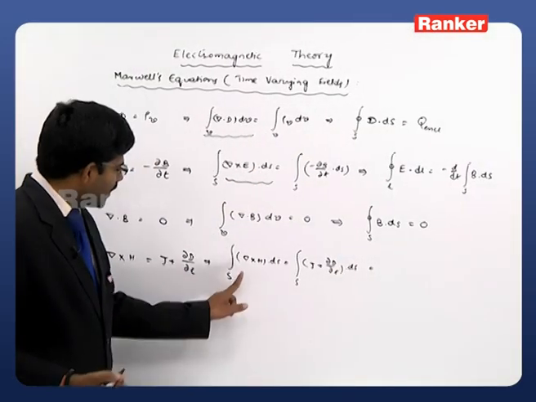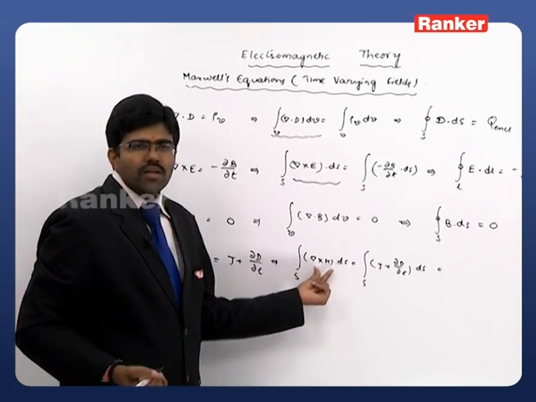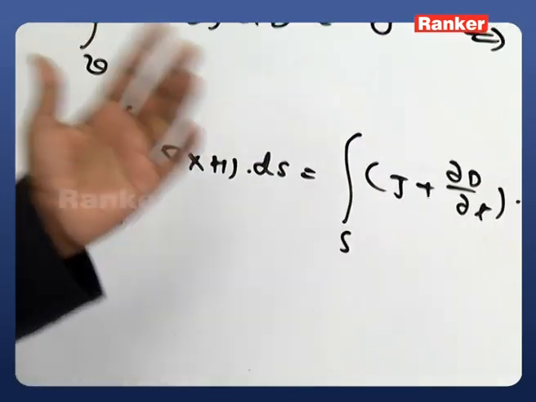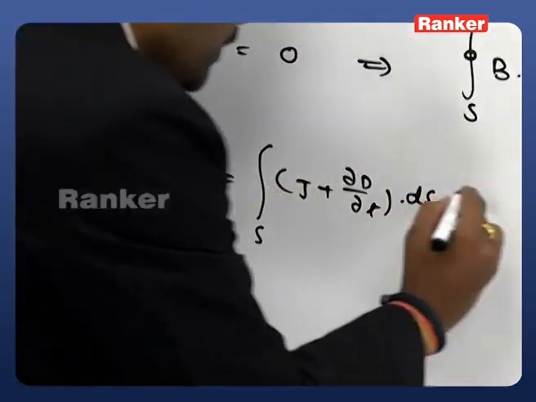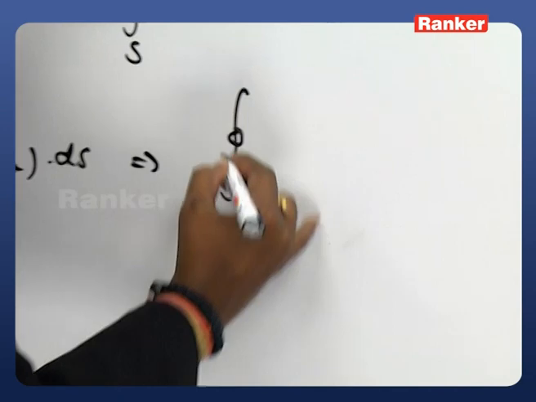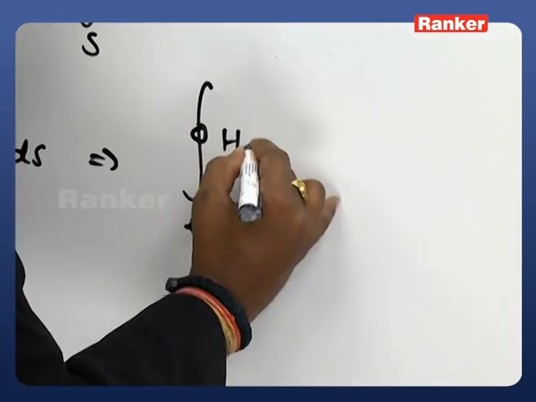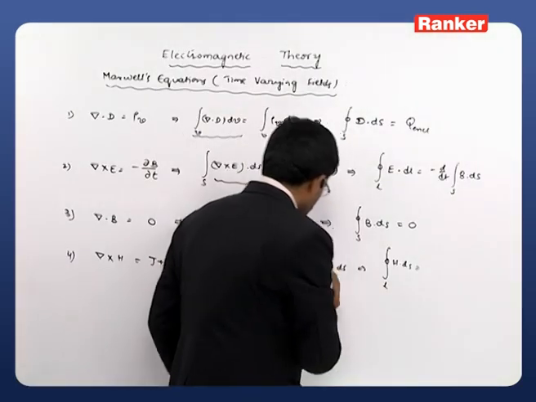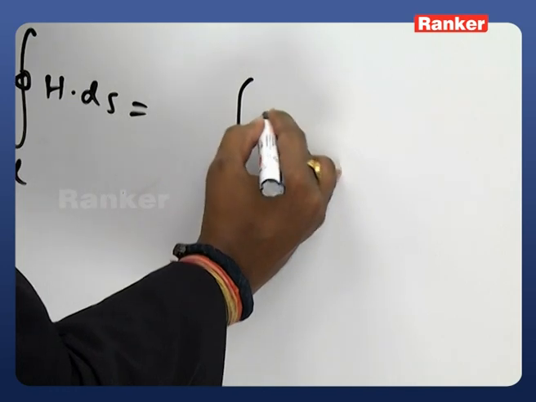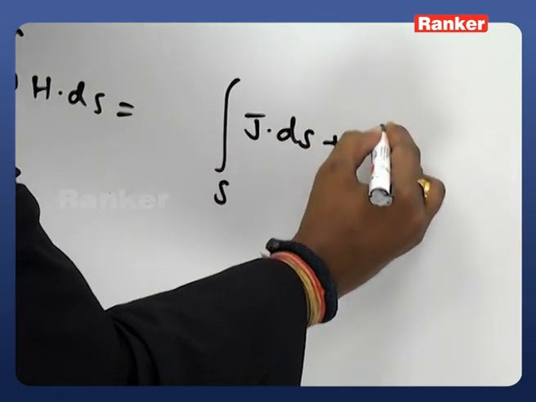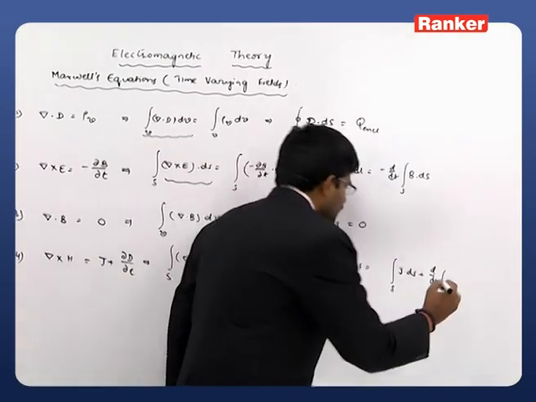On the left hand side we have the surface integral of a curl, which can be converted into a closed line integral. So using Stokes theorem, the left hand side can be written as the closed line integral of H dl, which equals, on the right hand side, the surface integral of J ds plus d by dt of the surface integral of D ds.